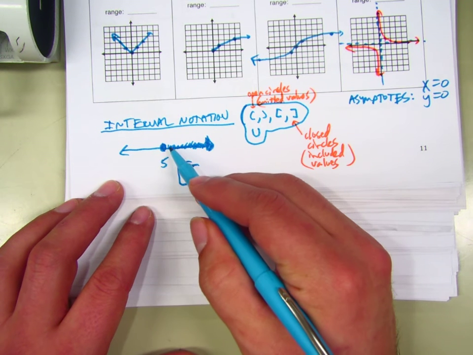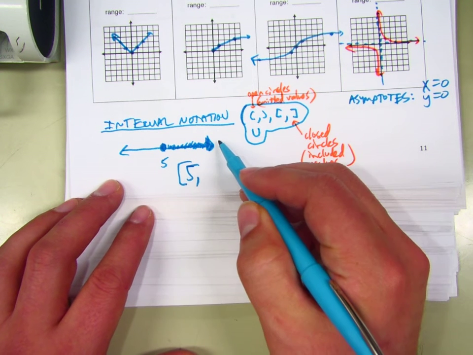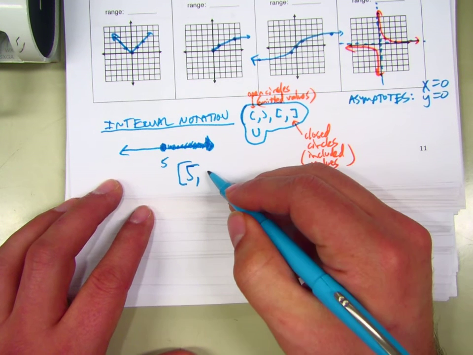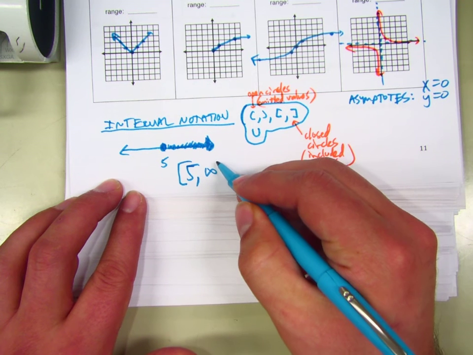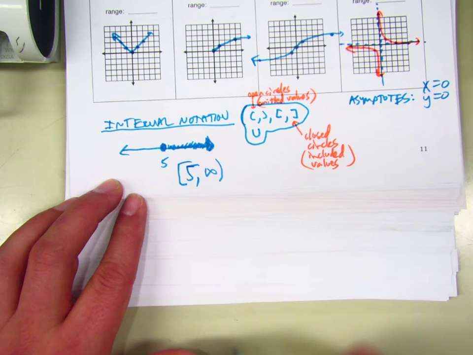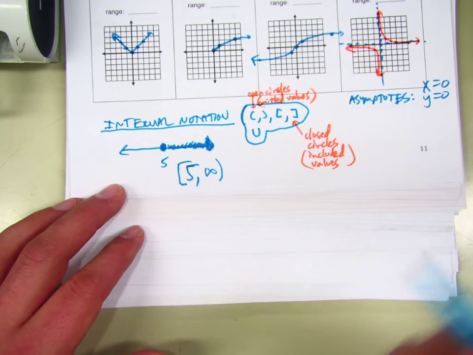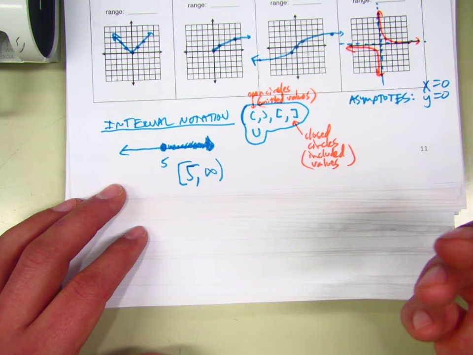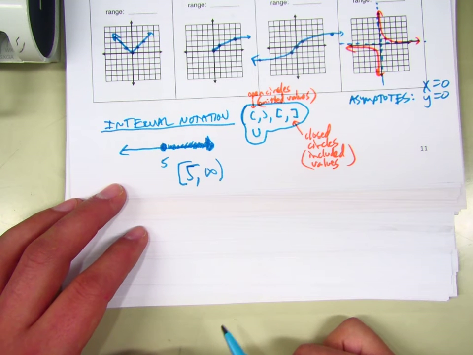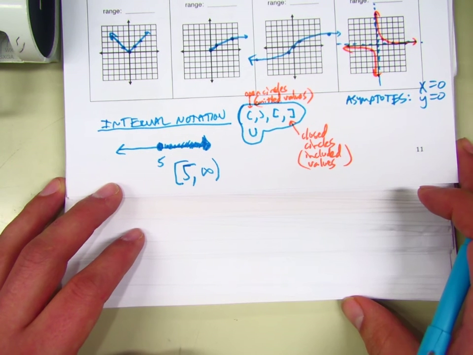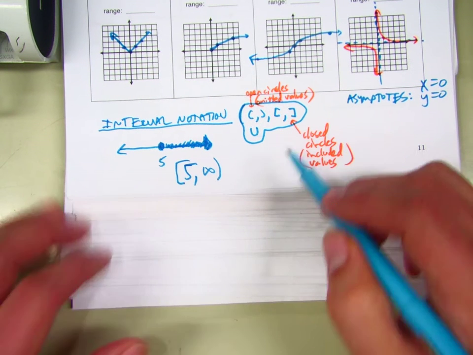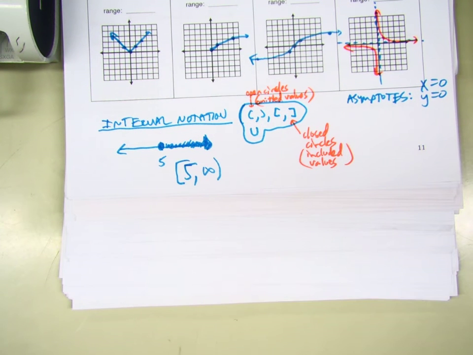Do I stop anywhere? I keep going forever. So how do I say that? Infinity. And whenever we have infinities, we always use parentheses. Those aren't actual values, so we can't use brackets. We have to use parentheses. I know we talked about this a little bit, but what does it say under open circles? Omitted values.